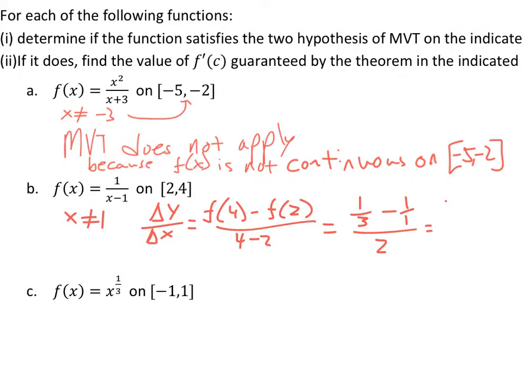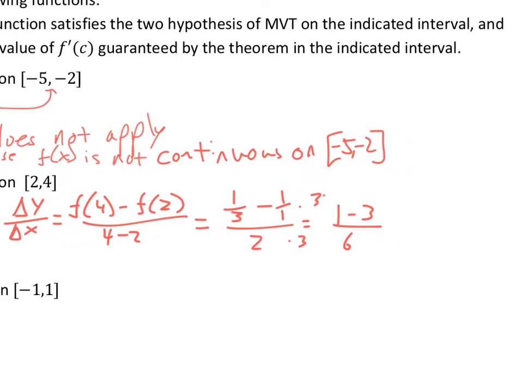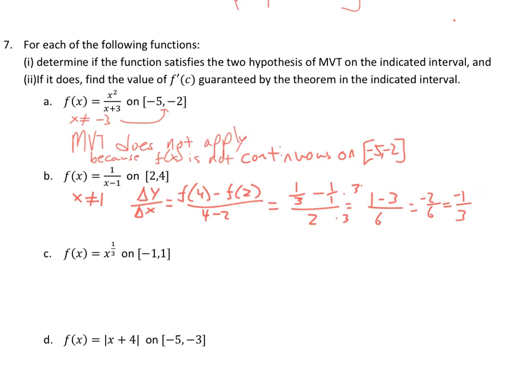Let's multiply top and bottom by 3. There are a couple ways, but let's go like this, okay? So that would change it to 1 minus 3 as you distribute this little guy all over 6. And that's going to give us -2/6, which is -1/3. Okay, so that's our secant value, the slope of the secant line.